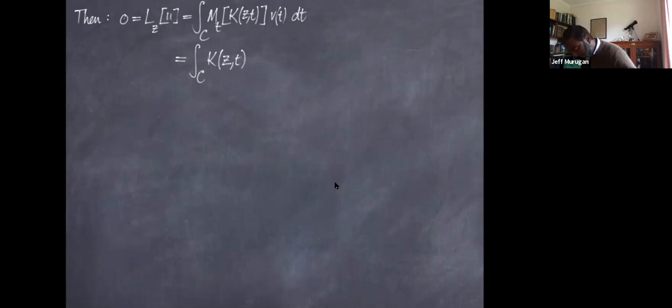And what's left is M-dagger, by definition of what the adjoint is, acting on V of t, dt.